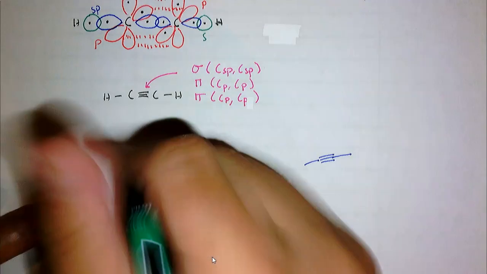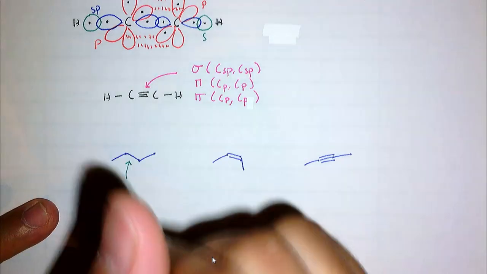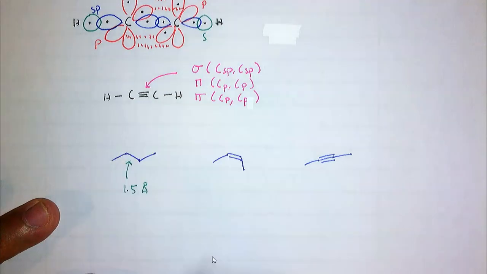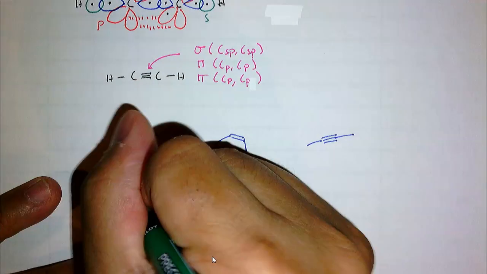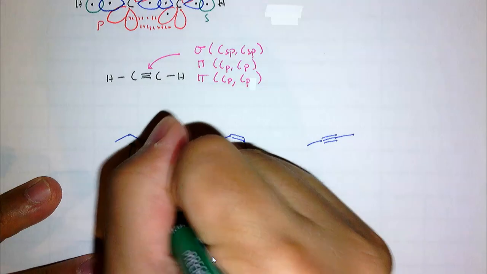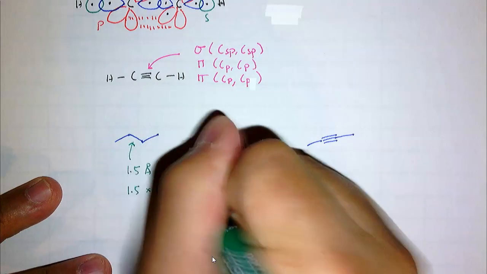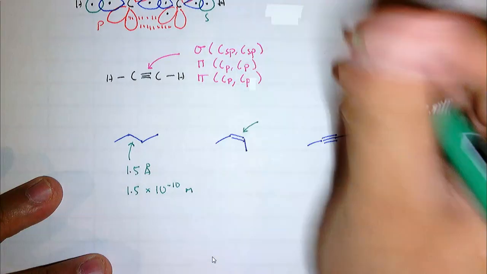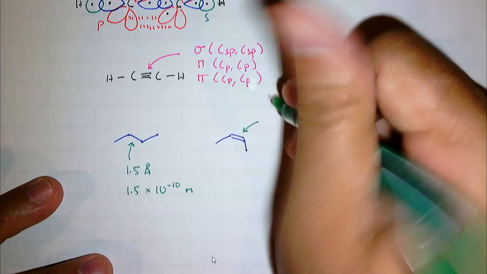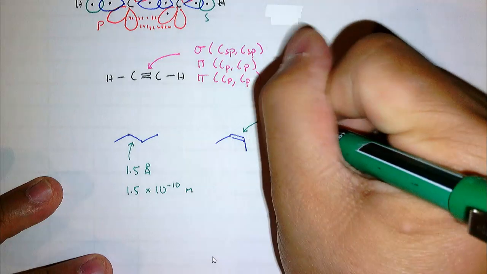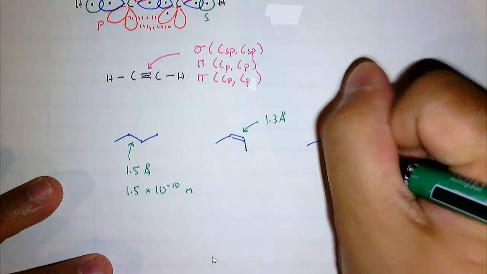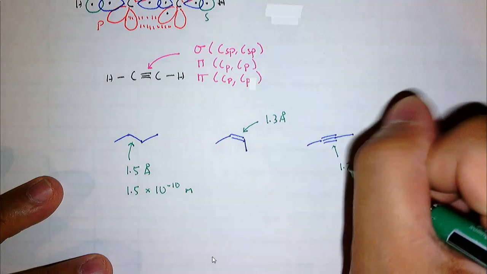Here we have a carbon-carbon single bond, and that's going to be 1.5 angstroms. You know that an angstrom is 10 to the minus 10 meters. When we go to a double bond, we go to approximately 1.3 angstroms, and then a triple bond is even shorter, 1.2 angstroms.